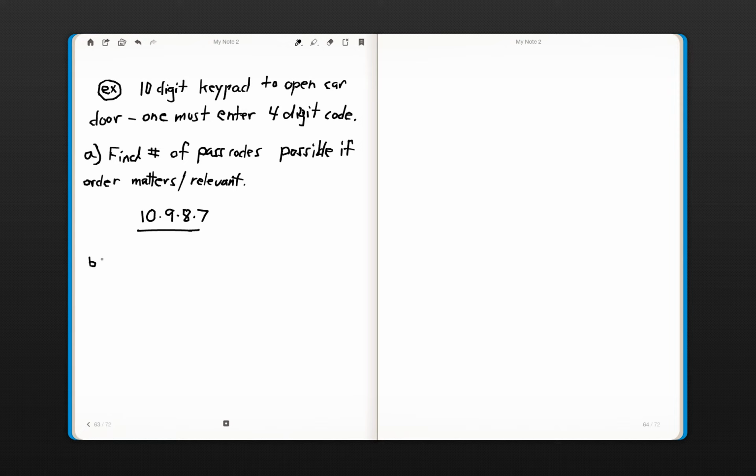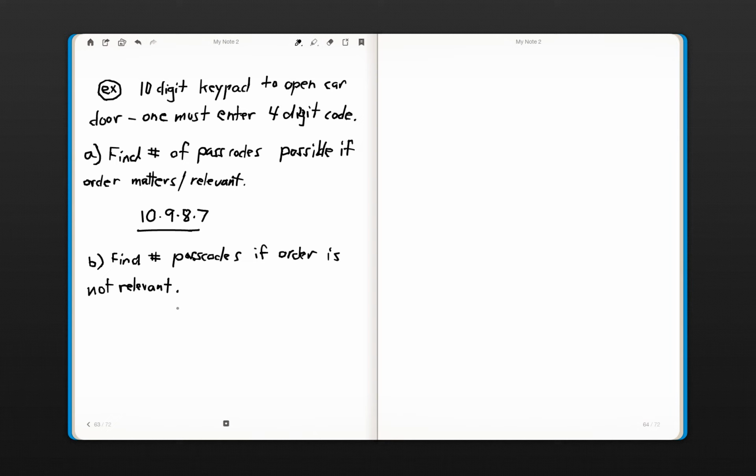So for part B then, let's do the same thing here. Okay, so here we're going to change the problem a little bit, and we would like to know the number of passcodes possible if order is irrelevant. So here, if we were to enter 1, 2, 3, 4, the door would open the same way if we entered 2, 4, 1, 3, say. It's kind of ridiculous to have a car combination like that.